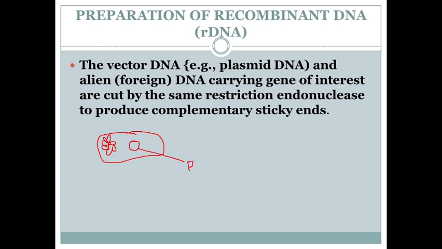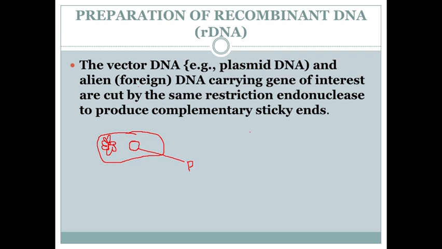So this plasmid is a circular molecule of DNA, plus the foreign alien DNA carrying the gene of interest. From these two, we prepare our recombinant DNA.